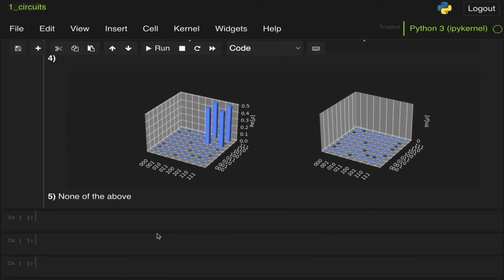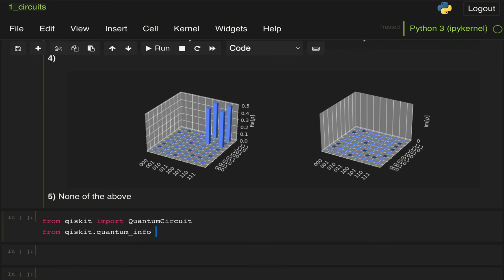Now let's go ahead and try to implement this in Qiskit to see if we can get the same result. What we're going to do first is, as before, from Qiskit, import QuantumCircuit. And also from Qiskit quantum_info, we're going to import the Statevector class as we did in the first problem, but also let's import the DensityMatrix class.